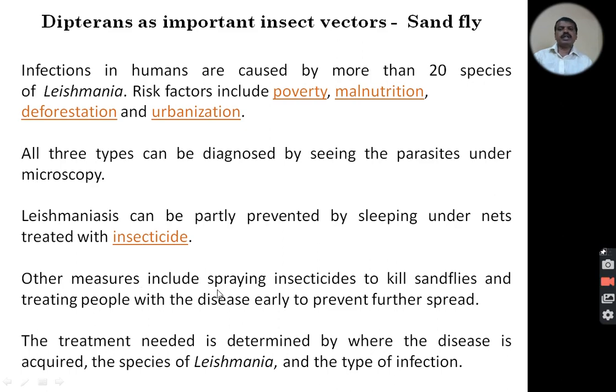The other measures include spraying insecticides to kill sandflies, and treating the people with the disease early to prevent further spread. The treatment needed is determined by where the disease is acquired, the species of Leishmania, and the type of infection.